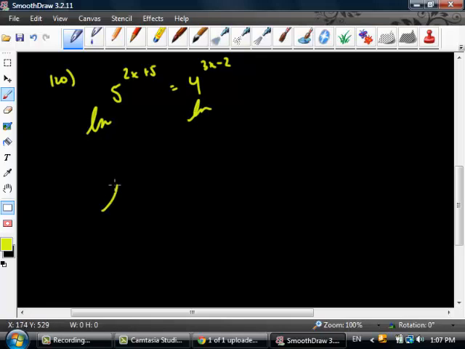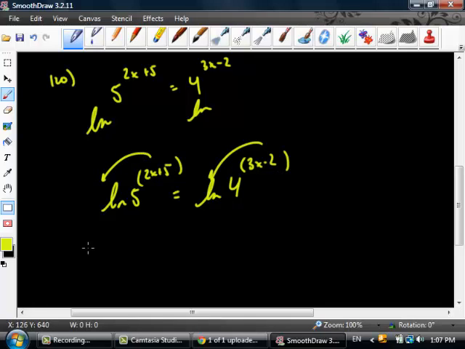So what we get is ln of 5 to the 2x plus 5 equals ln of 4 to the 3x minus 2. What I'm going to do, Amrit, is I'm going to take these things down this way. So I end up with 2x minus 5 ln 5 equals 3x minus 2 ln of 4. Is it plus 5?